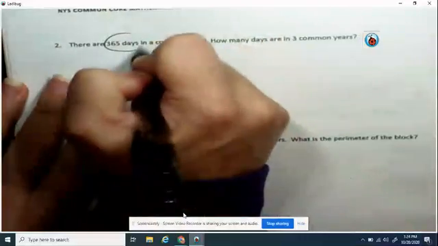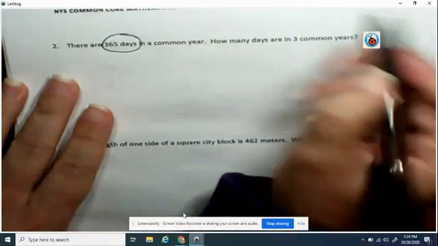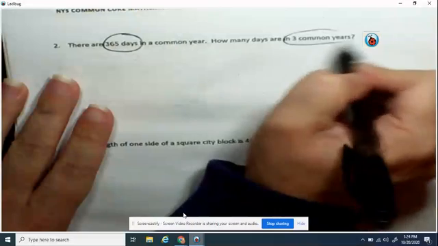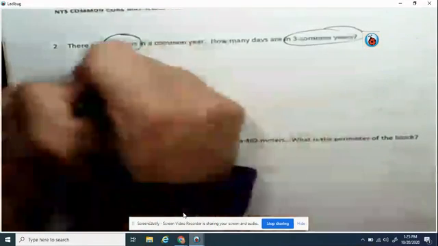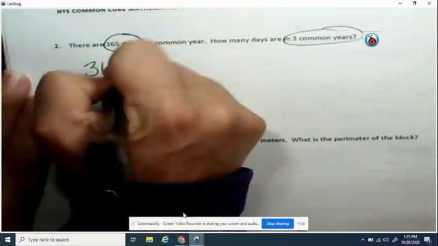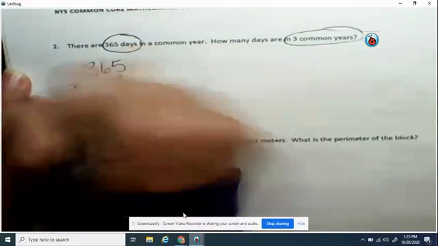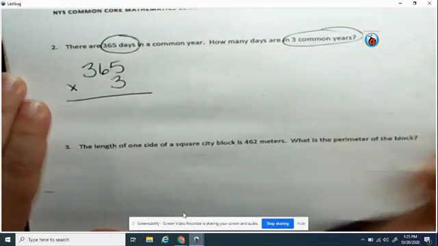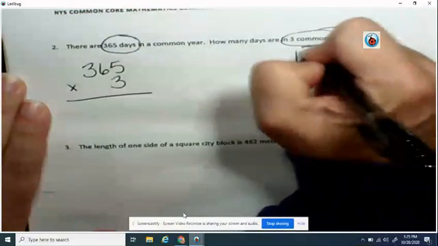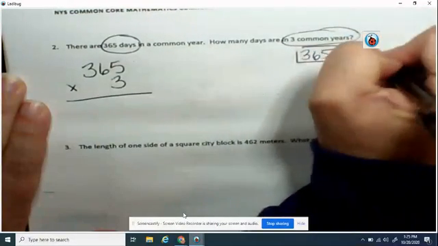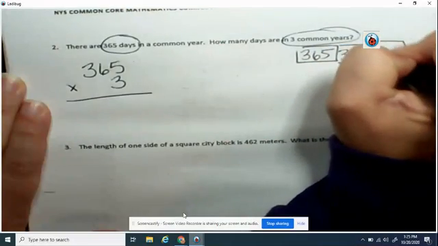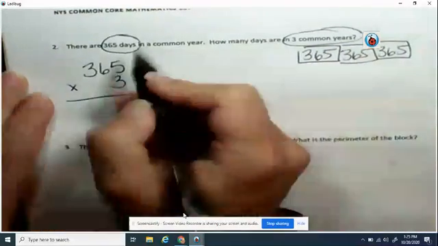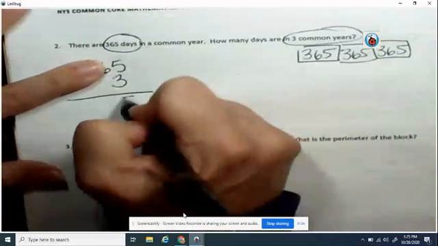There are 365 days in a year. How many days are in 3 years? Okay. So 365 times 3. And this is a word problem, so let's draw a picture. 365, 365, 365. Okay. So 5 times 3 is 15.